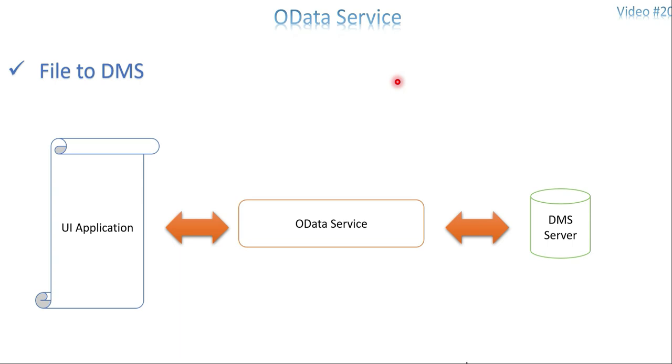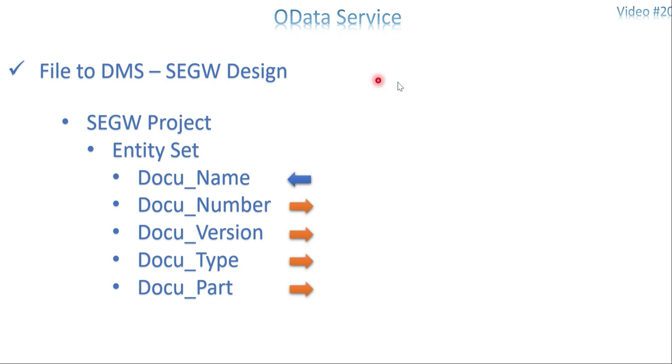And nowadays we have another name for DMS server, it is the content server, SAP content server. Okay, so it's fine. The steps we are going to involve here: first we need to create a project in SEGW with an entity set.